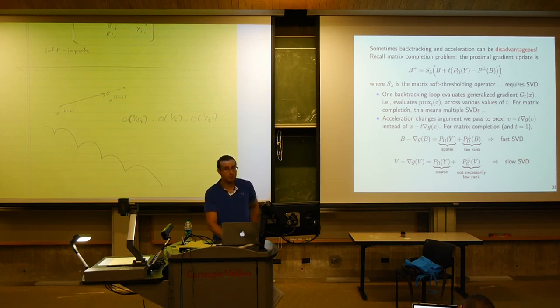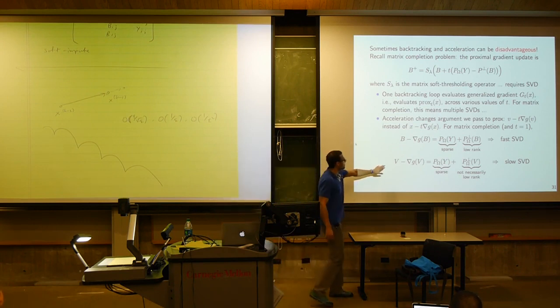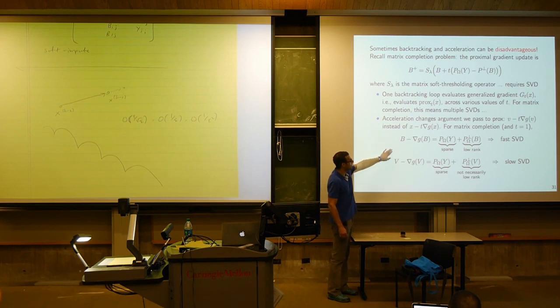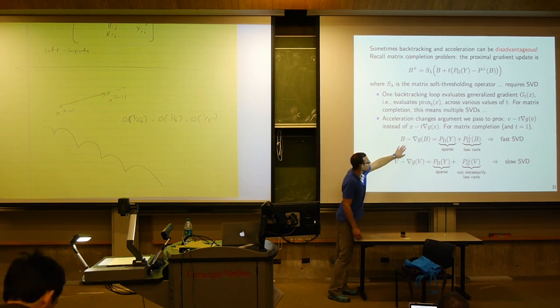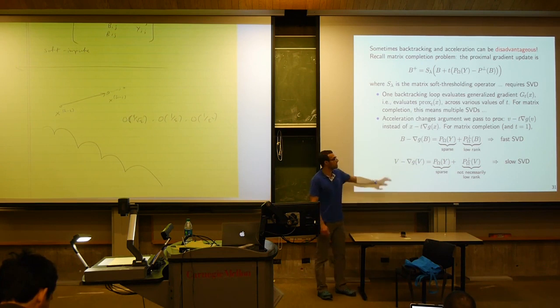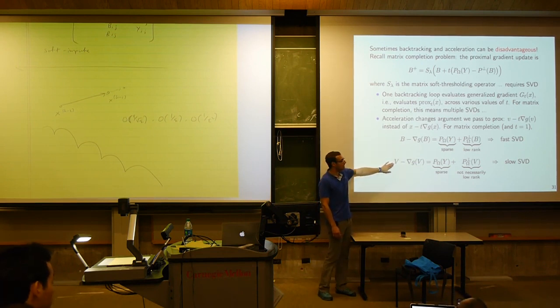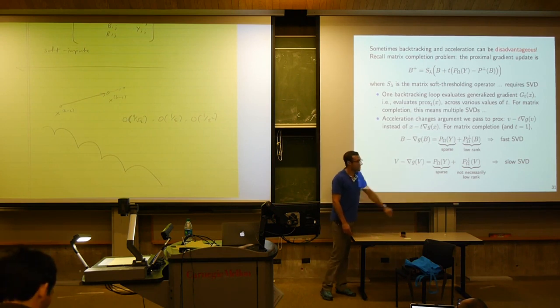The same is actually true with acceleration. If you go through and ask what is the variable at which we're going to be applying the prox, in proximal gradient it's essentially always a sparse plus low rank matrix, which is what we'd seen. And in accelerated proximal gradient, even if you had a fixed step size for matrix completion, it's actually a sparse plus a not necessarily low rank matrix.